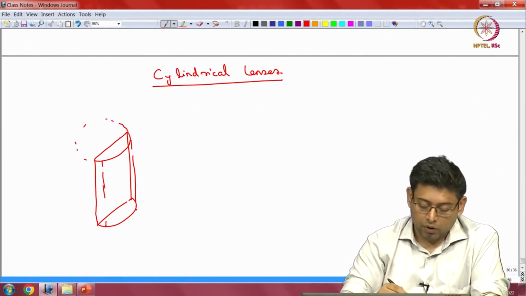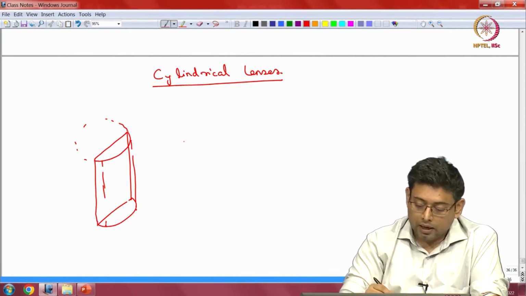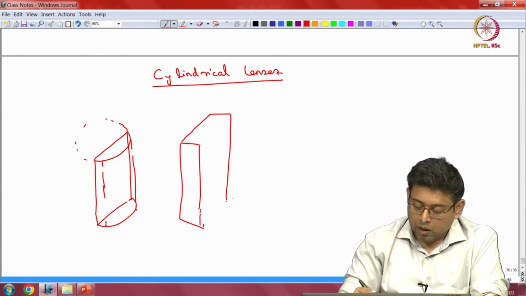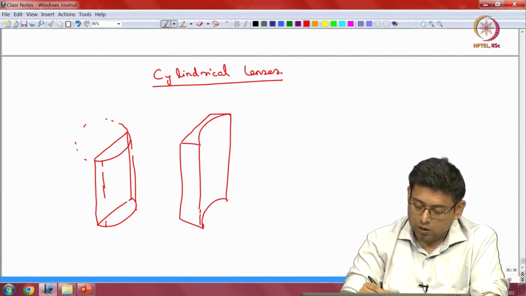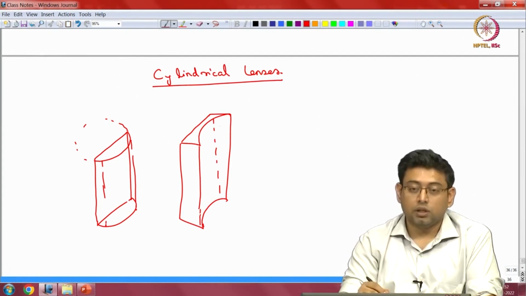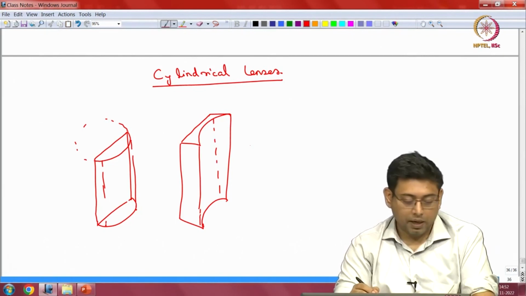But what you are doing is using part of a cylinder right here. Another type of cylindrical lens could be this scenario where you have basically the negative of a cylinder, right?